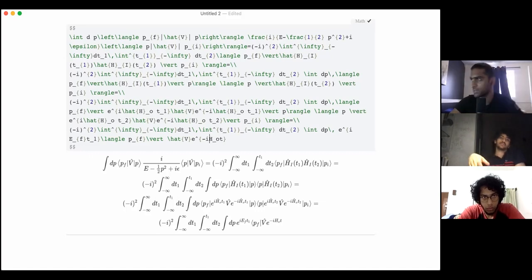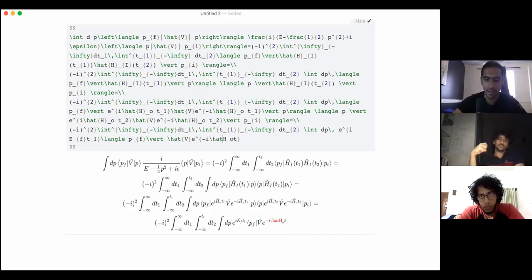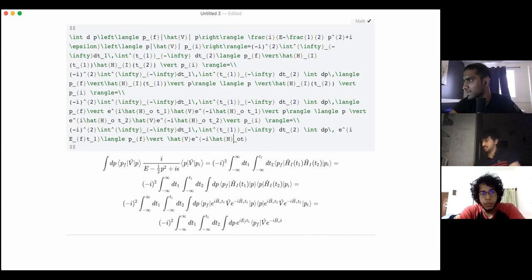That's what I'm keeping an eye on. I'll just give you a hint. The propagator comes from a very similar integral as what gave you the delta function. That's the hint.